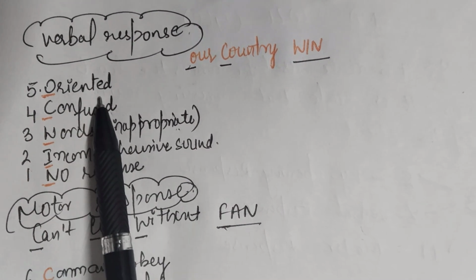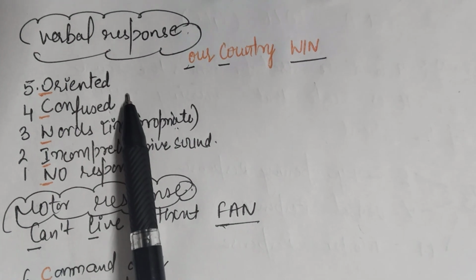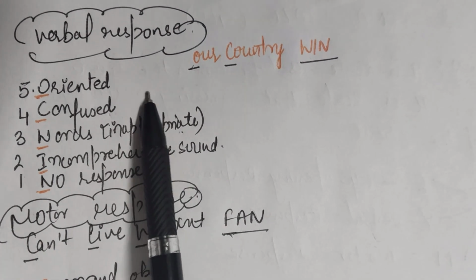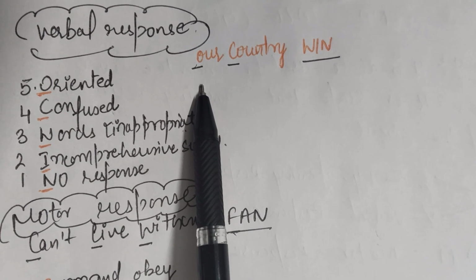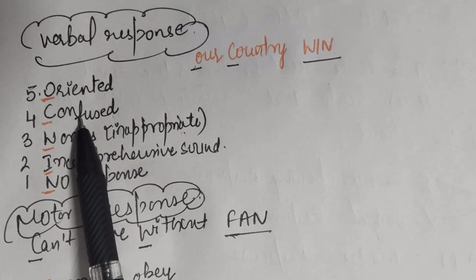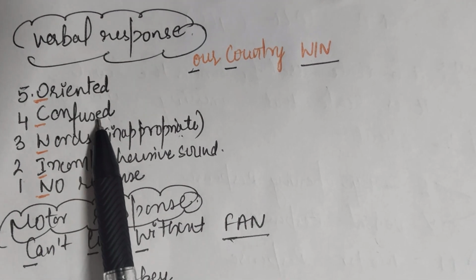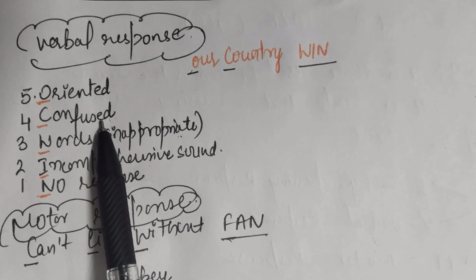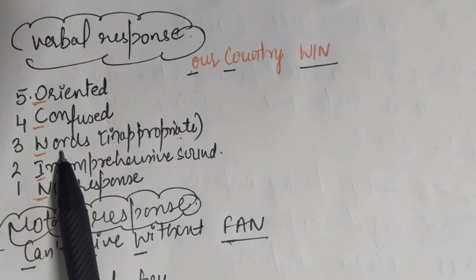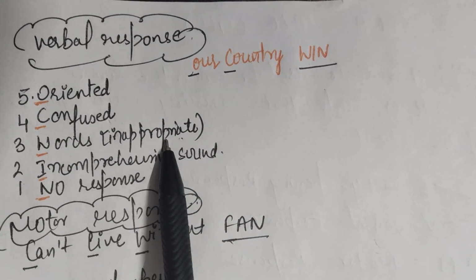In oriented we can check the patient's conscious level, like whether the patient is oriented to place, person and time or not. Next is score 4, when the patient is confused; the patient is responding to a question but is in a confused state.